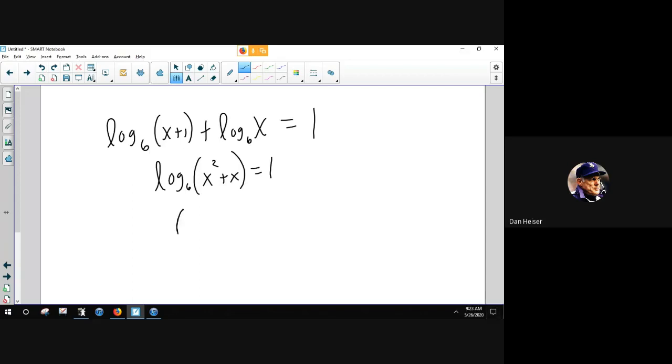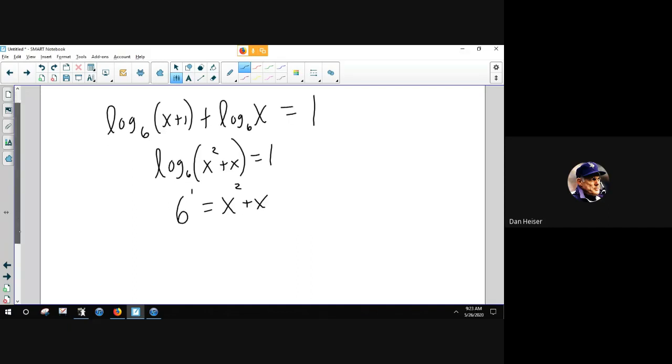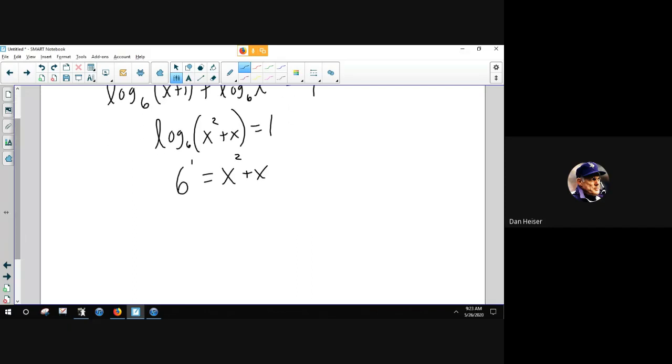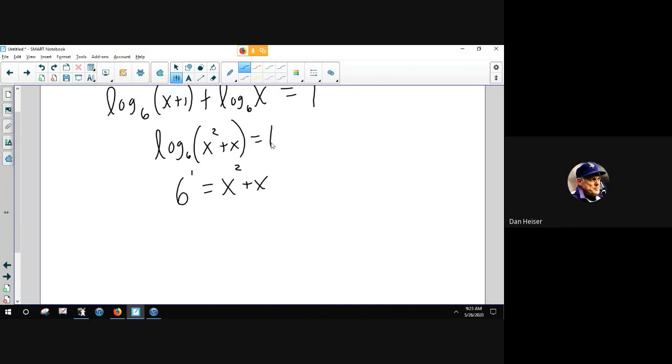Base to a power is equal to this. We have log base 6. Log equals an exponent. Here's our exponent for that base. And then everything else is on the other side.